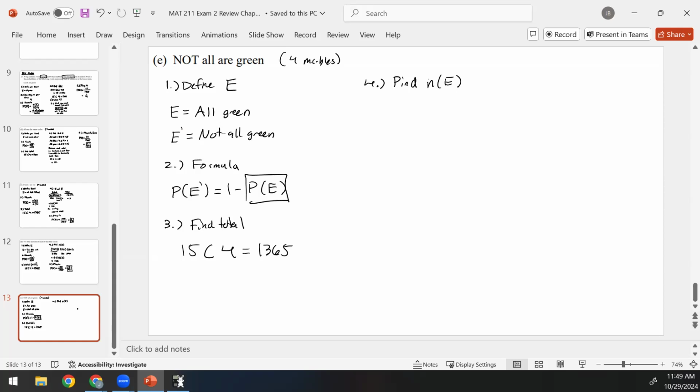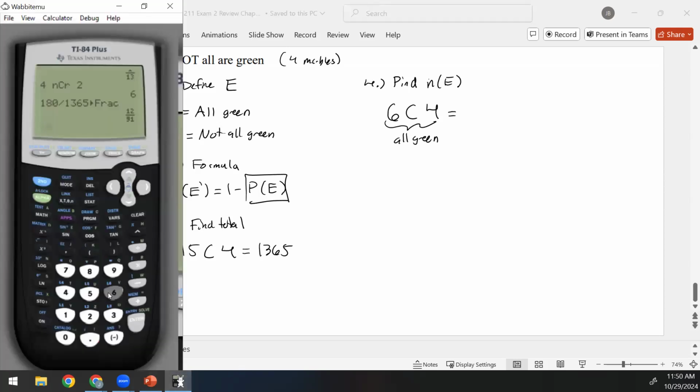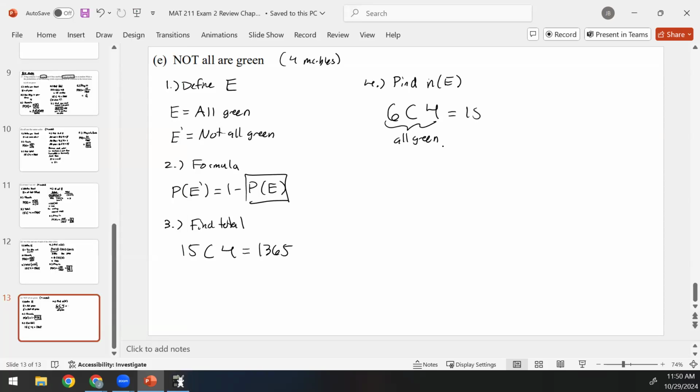So if E is all green, how many marbles do I have that are green? 6. And how many do I need to make them all green? So this is all green. So 6 choose 4. I think we did that earlier, but I don't remember it. 15. And so step 5 is to plug in.